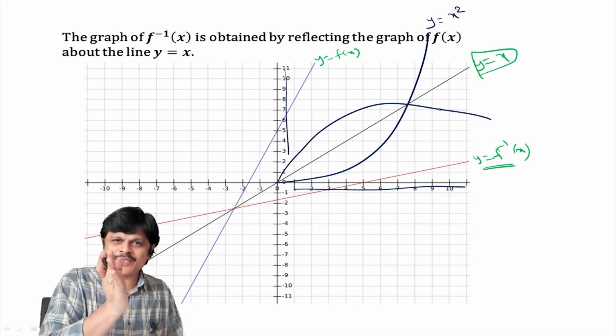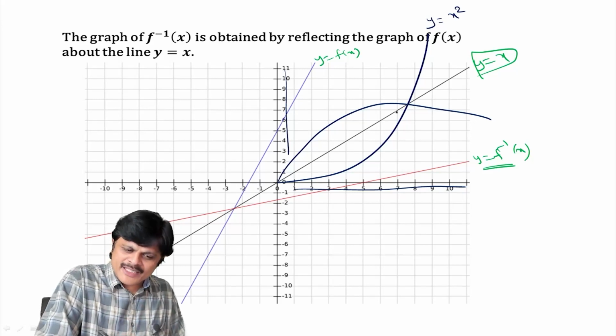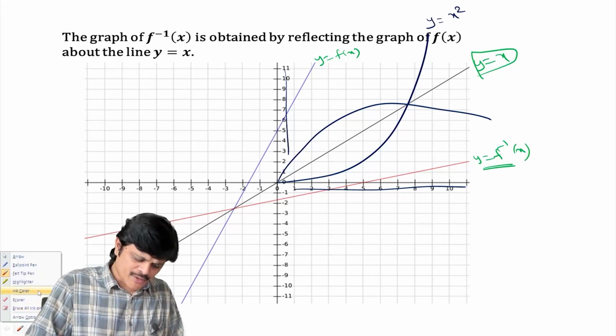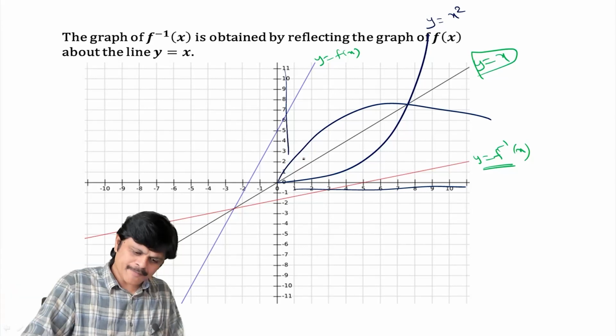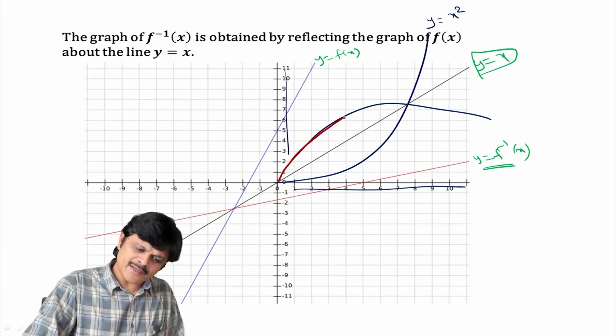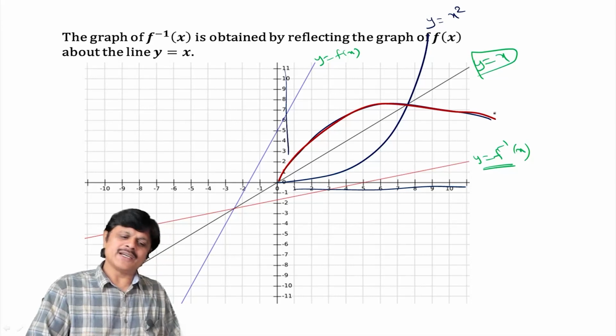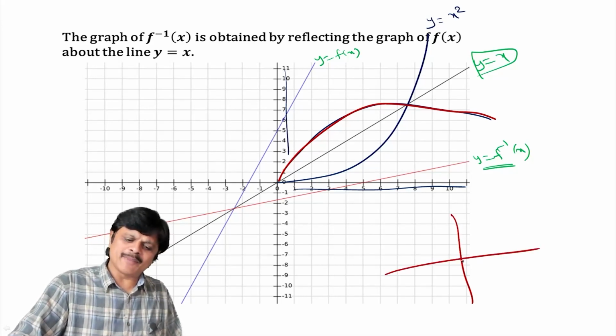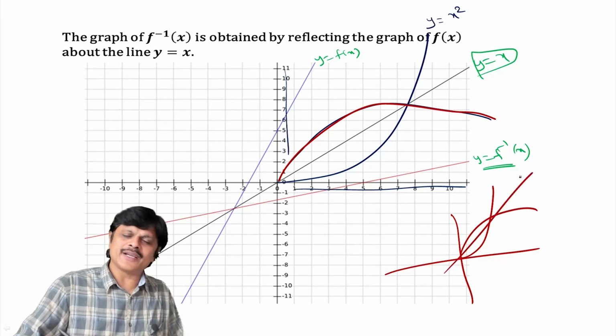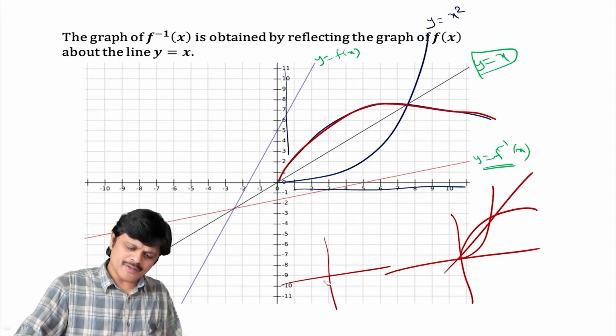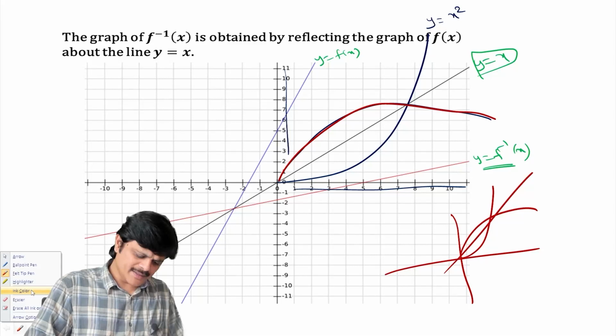So if you take y is equal to x as a mirror, this will be the mirror image. Okay, I'll just draw it with red, then you will understand. See this one. Mirror image. Like that. Suppose you have some graph, something like this, the mirror image about y is equal to x. Or suppose you can take different colors.